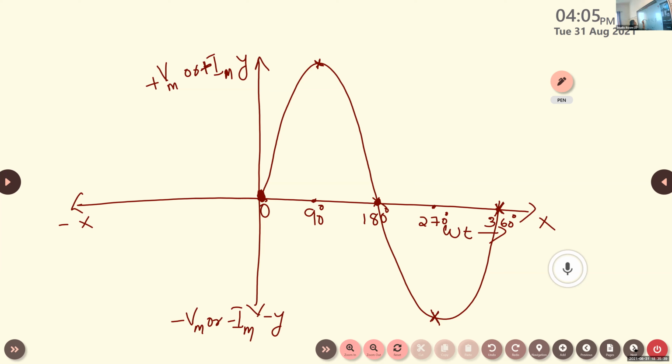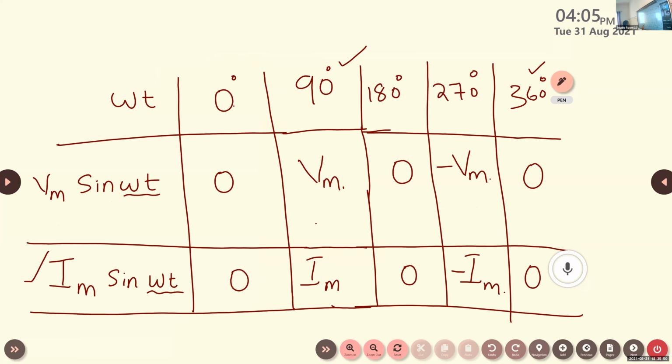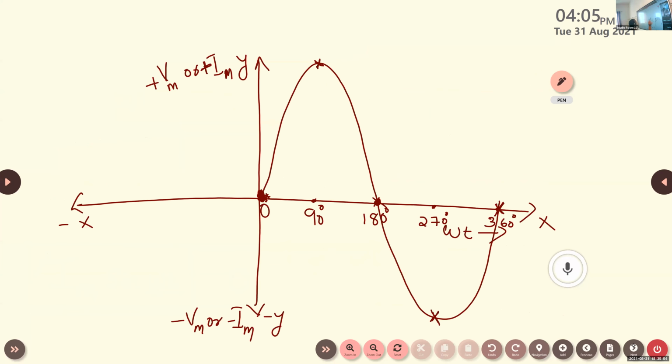If omega t is equal to 90 degree, it is positive Im, that is here.